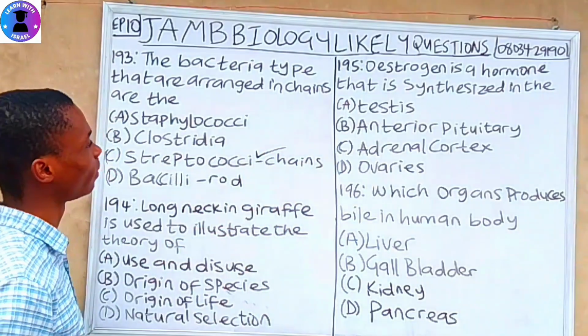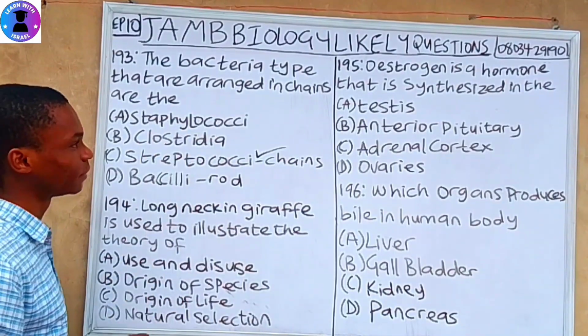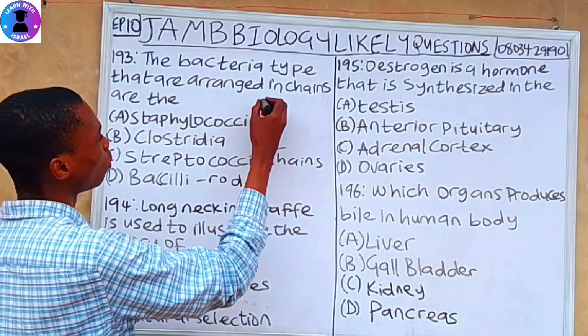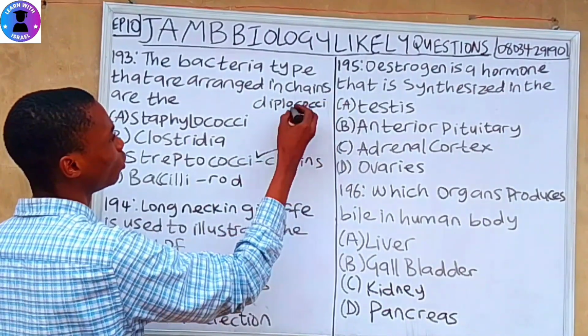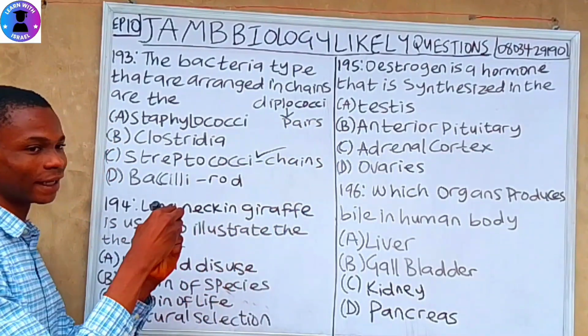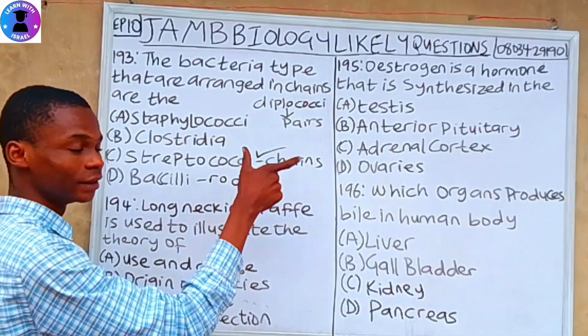Clostridia is also a type of bacteria, and Staphylococci is also a type of bacteria. And we also have Diplococci. Diplococci is arranged in pairs, while Streptococci is arranged in chains.